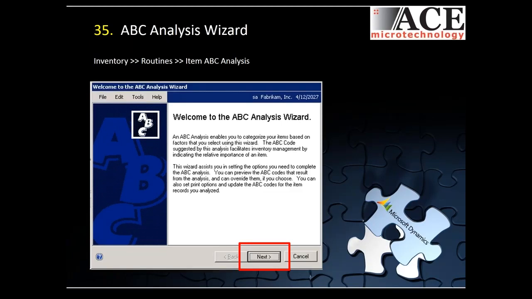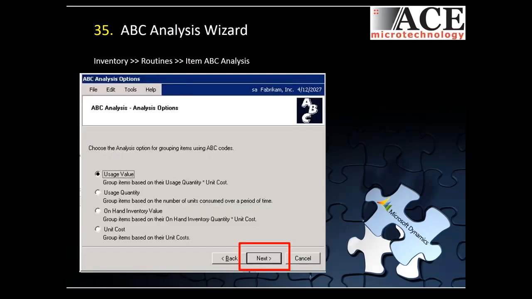By processing through this wizard, you get to come up with the best way to segregate your inventory in the system by these categories. It's typically based on an 80-20 rule, where 80% of the value of your inventory resides in 20% of the actual items. And then the other items are 15%, 5%, or whatever. But that could be different for you. GP is going to allow you through this wizard process to define that.